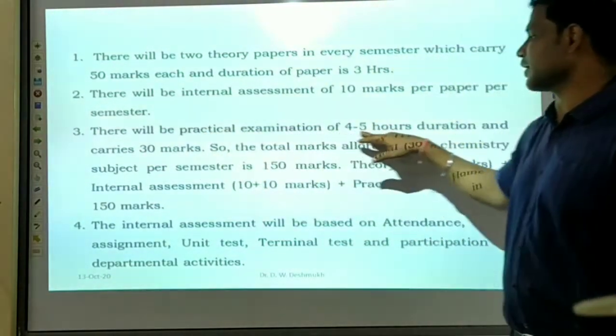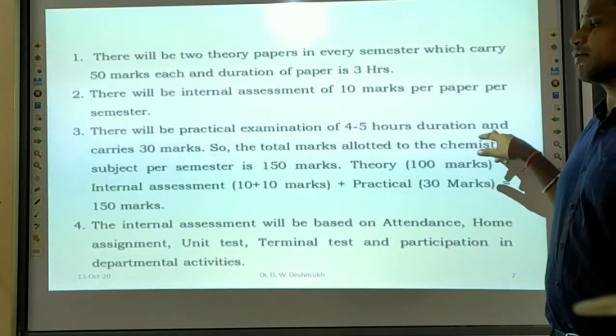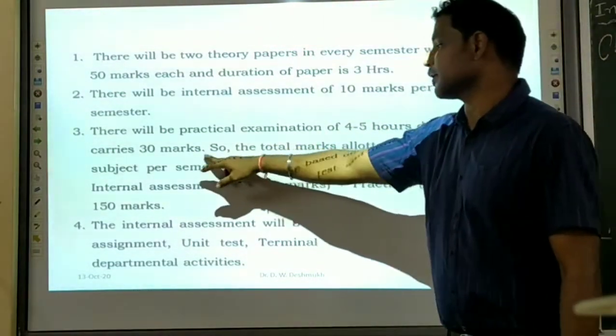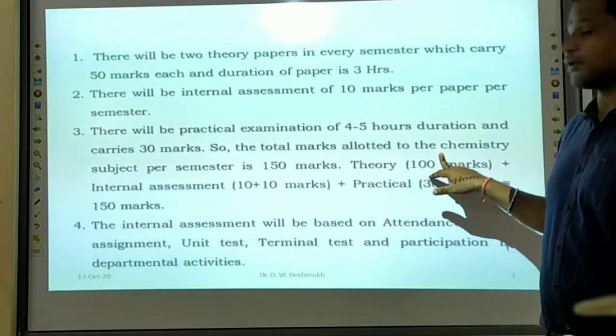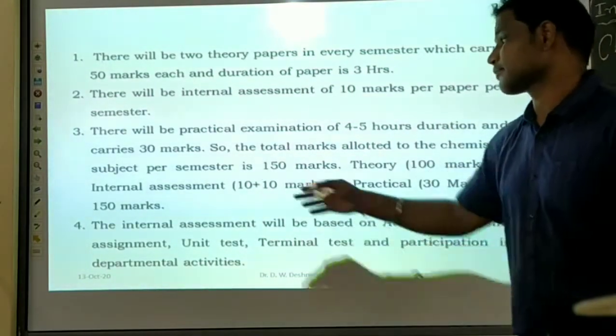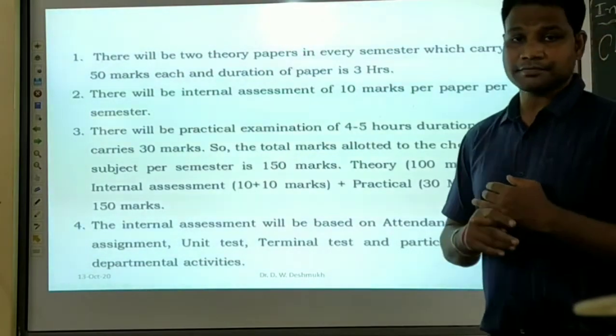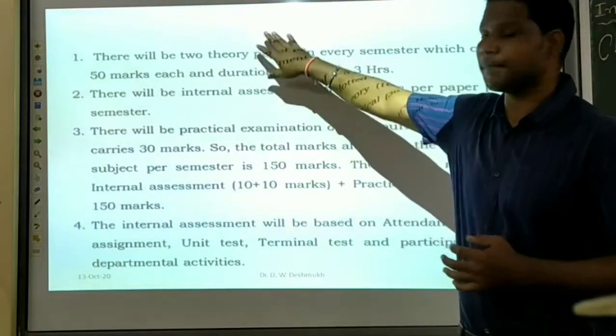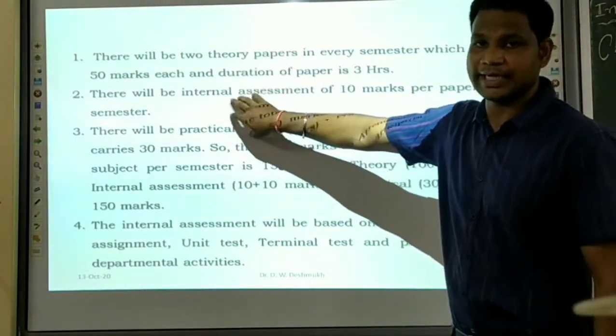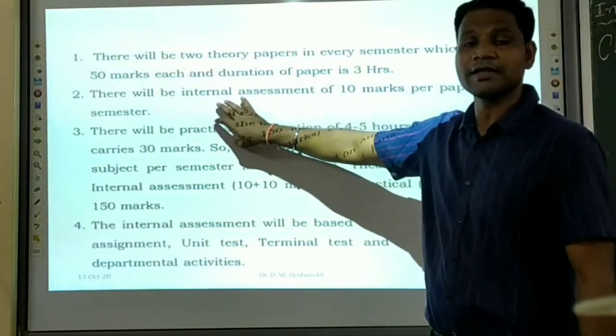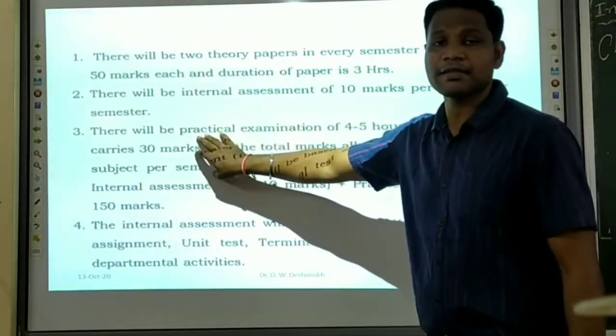So there will be practical examination of 4 to 5 hours duration, which carries 30 marks. So the total marks allotted to the chemistry subject per semester is 150 marks. So 50, 100 marks first theory paper, then 10 plus 10, 20 internal, so 100 plus 20, 120 plus 30 marks practical.